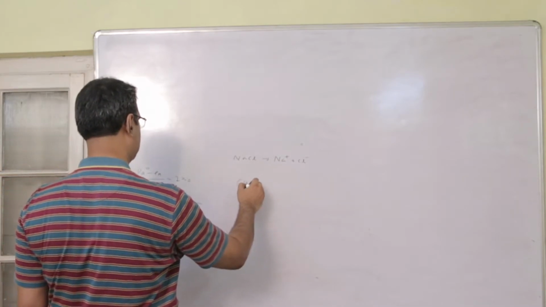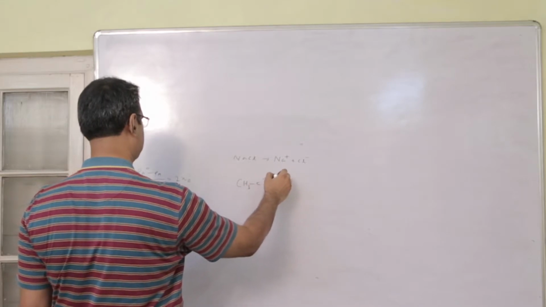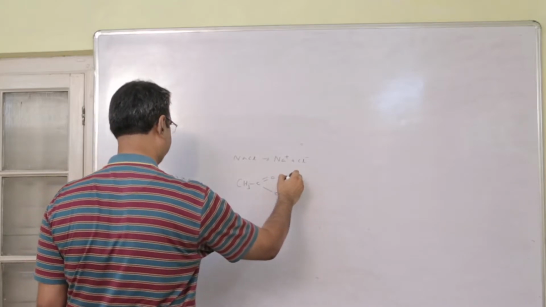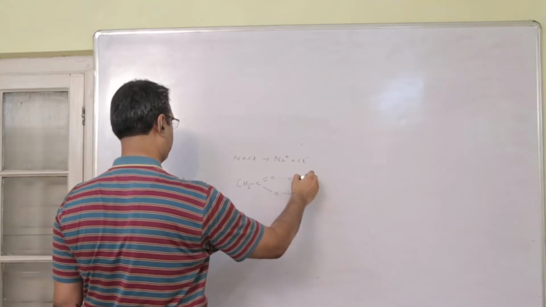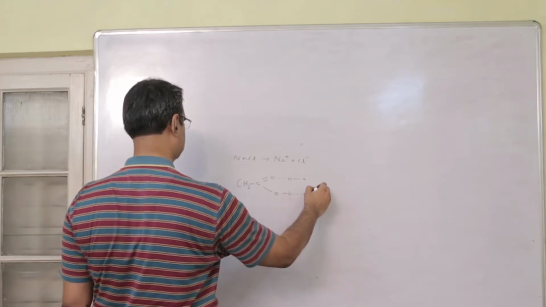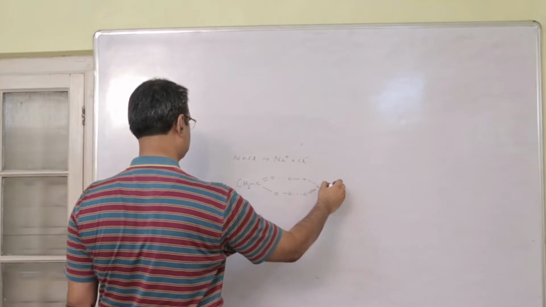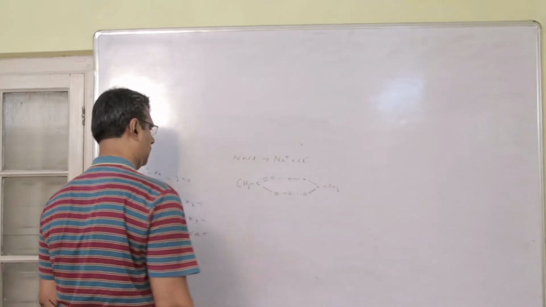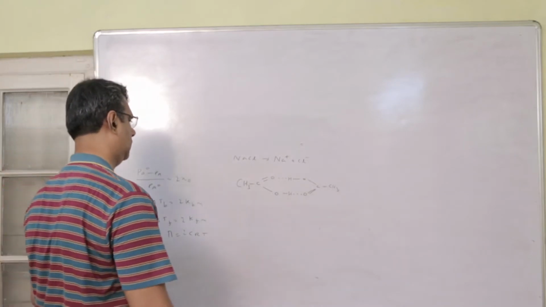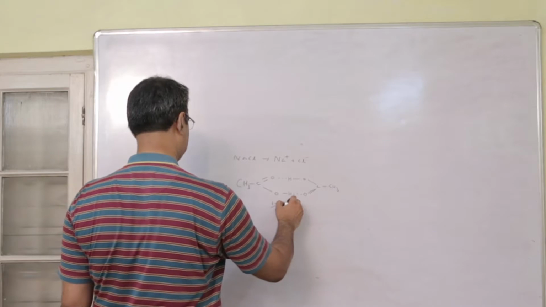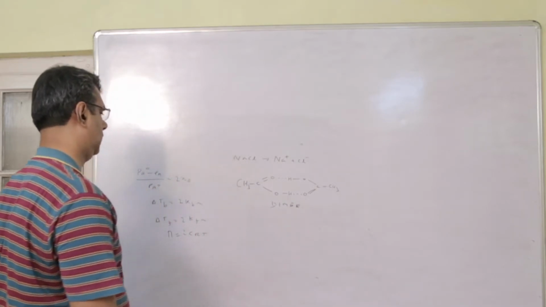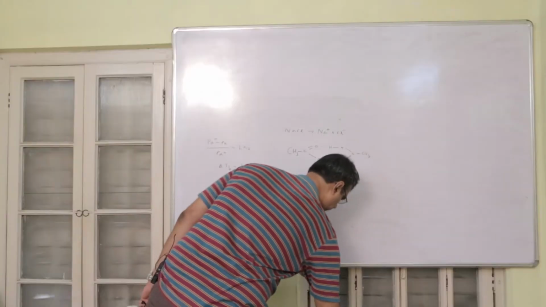Similarly, if you consider a solution of acetic acid in benzene, the acetic acid molecule is found to form a dimer like this, and therefore it's an example of association.